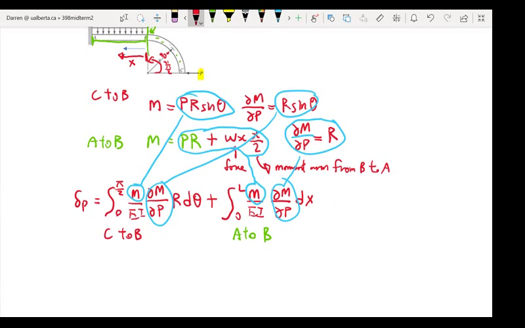And then expand and simplify, you will get something like this.